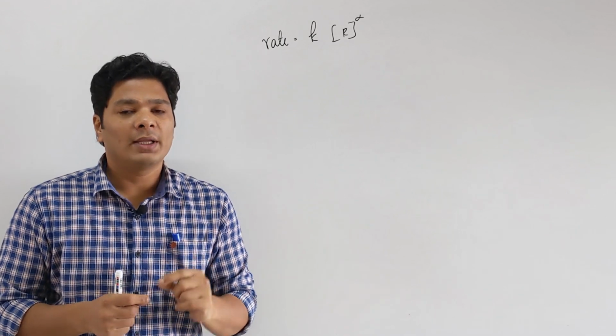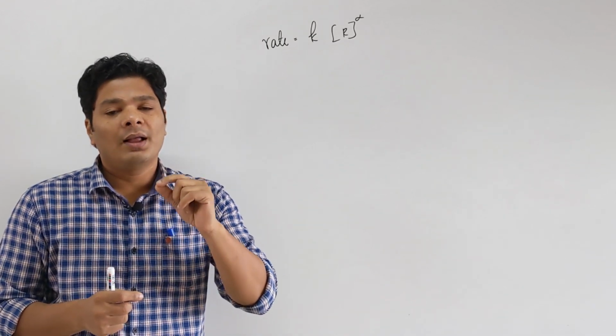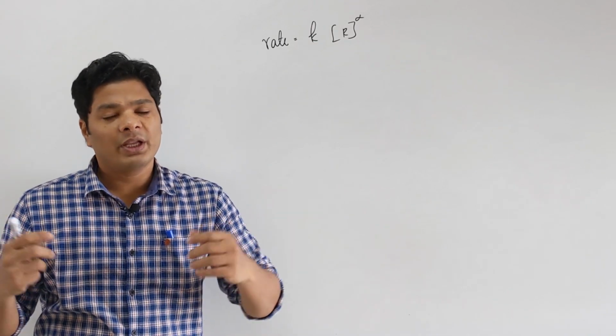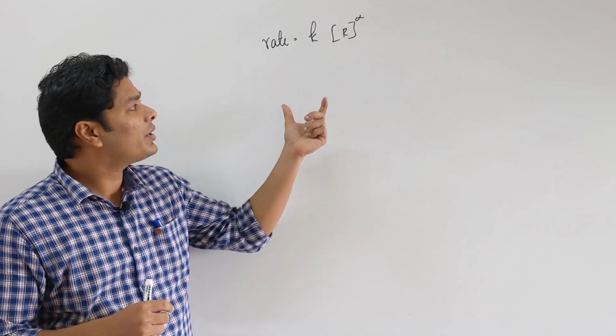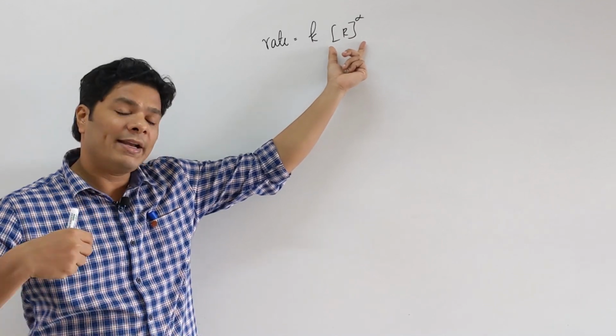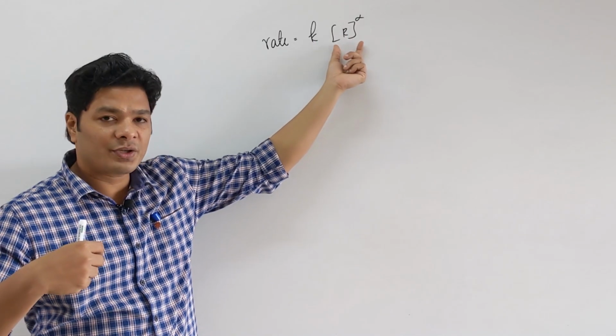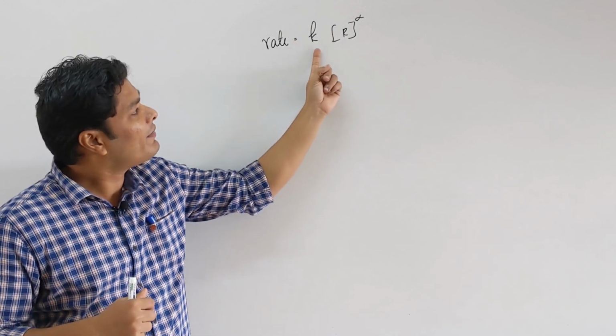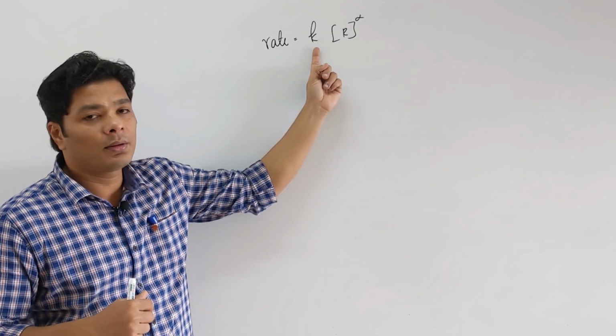Is that true? The answer is no. What if that particular reactant is not in the rate determining step? So it might not be useful. In general, if this R molecule is in the rate determining step, then increasing its concentration is going to increase the rate. Pretty straightforward.